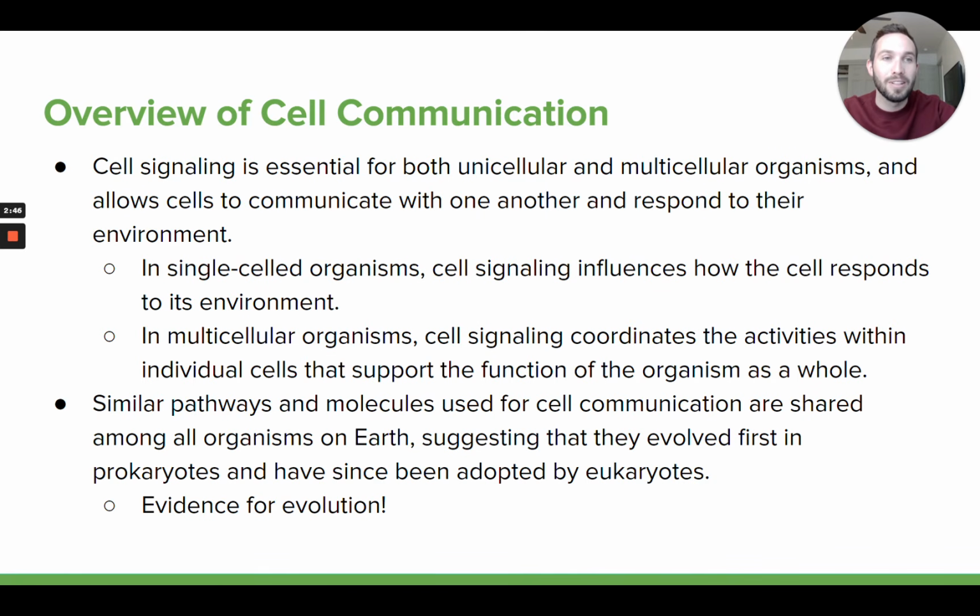So in our cells and other organisms, in prokaryotic cells and eukaryotic cells, we do see a lot of similar players and a lot of similar steps taking place overall when cells are communicating, which suggests that these things evolved very early on when cells started evolving on this planet.